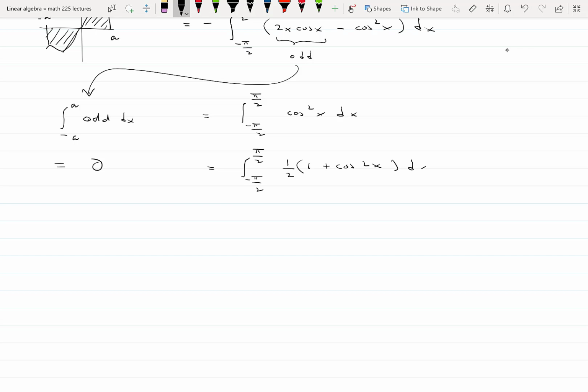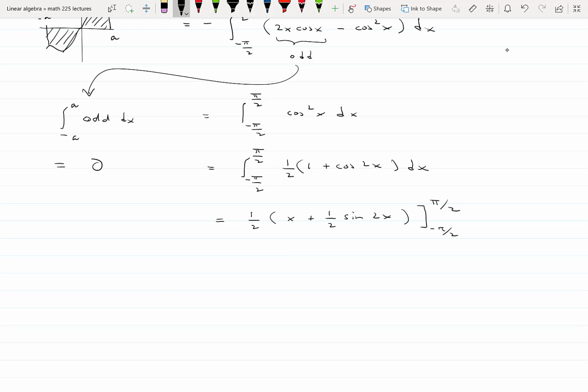Feel free to stop the video and review that if you need, but make sure you can do it, because these integrals require us to be able to integrate, to find antiderivatives. So the integral of 1 is x, and the integral of cosine of 2x is 1/2 sine 2x, carried between negative pi over 2 and pi over 2.